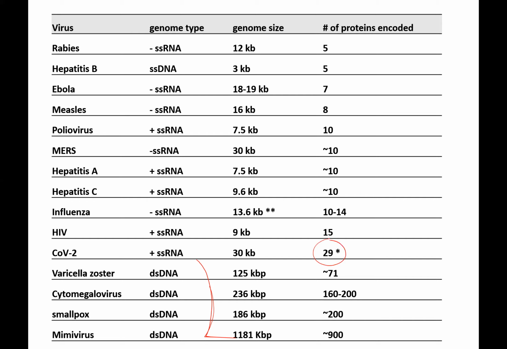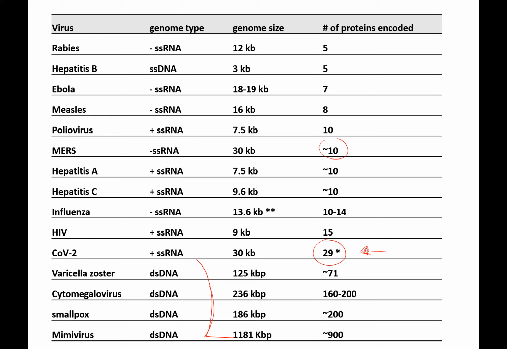SARS-CoV-2 is interesting because if you see here, MERS and SARS, especially MERS, encode about 10 proteins. For SARS-CoV-2, there are suggestions that there could be about 29 proteins, though I put the asterisk because we don't know if they're all expressed. So this is a really strange kind of outlier, but since it's such a new virus, we're still figuring things out.